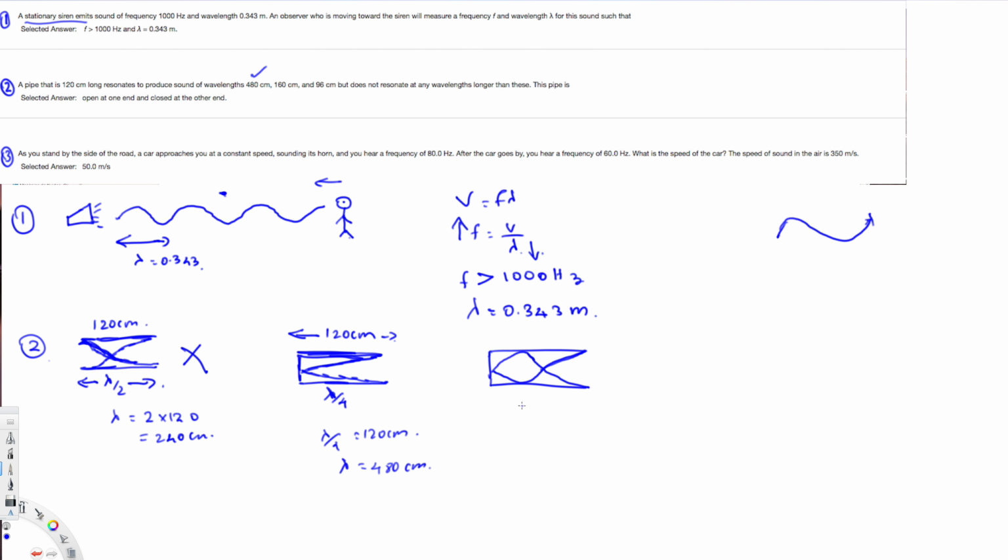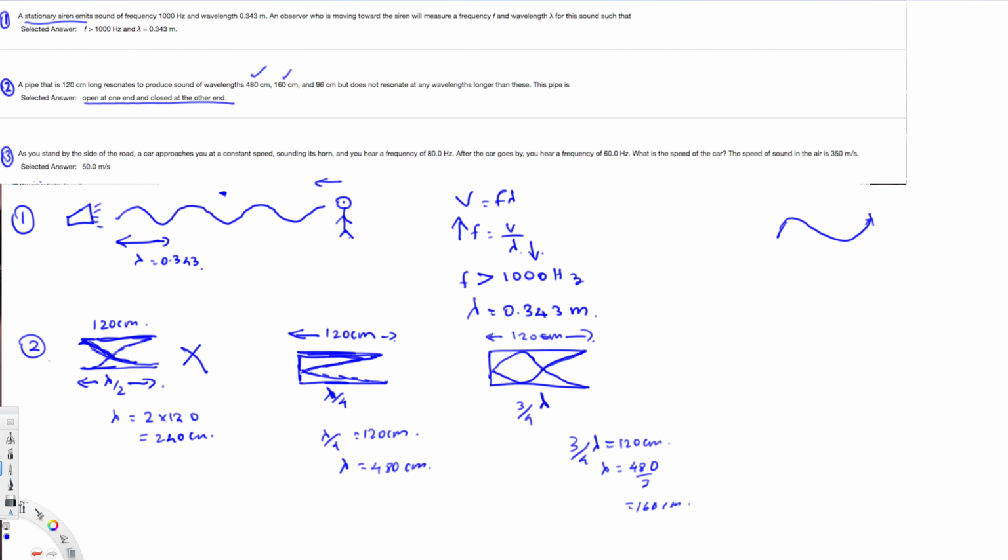If you see, this is 3/4 of the wavelength, which is equal to 120 centimeter. If 3/4 of lambda is equal to 120 centimeter, then lambda is equal to 480 divided by 3, that is 160 centimeter. If you check this value, we have that value. You can also check the other one, but we already know this is a pipe closed at one end, so that's why the answer is open at one end and closed at the other end.